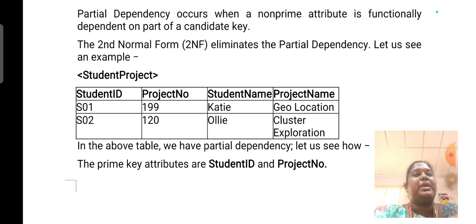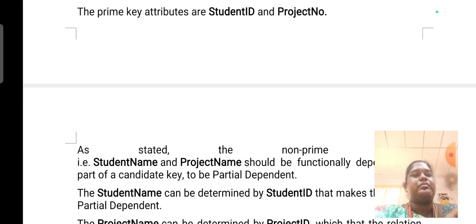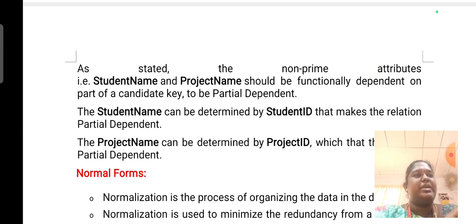The primary key attributes are student ID and project number. As stated, the non-prime attributes, student name and project name, should be functionally dependent on a part of the candidate key to be partially dependent. The student name can be determined by student ID, which makes the relation partially dependent. Project name can be determined by project ID, which makes them partially dependent.